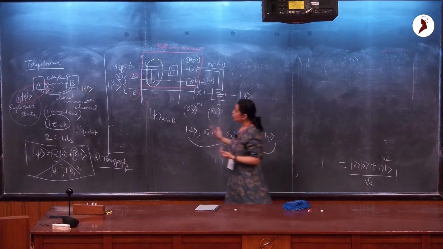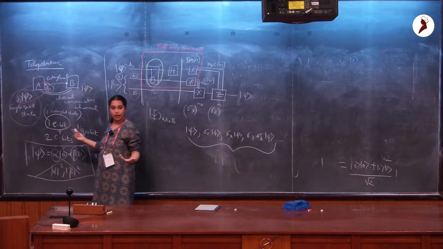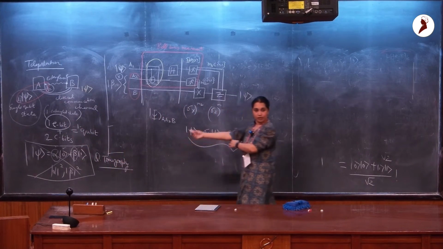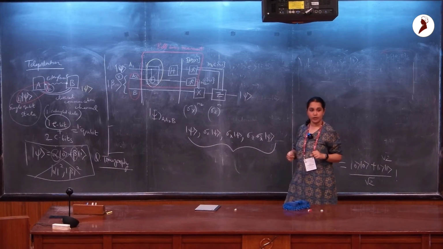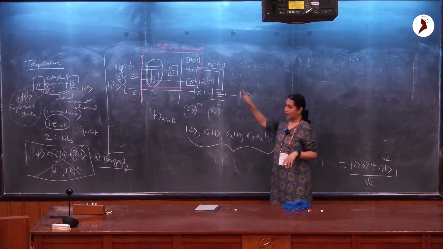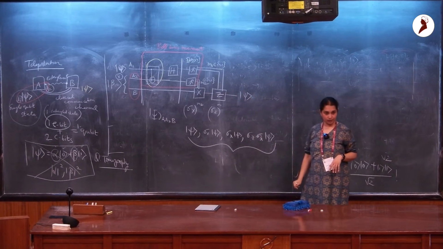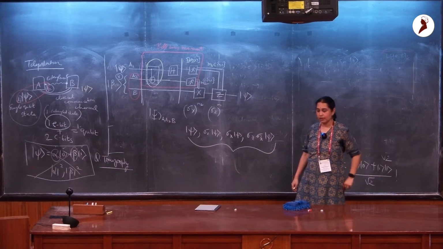So you have consumed one entangled state, which in itself should tell you that it's not a unitary transformation. You started out with one entangled state and 1 qubit, 3 qubits in total. You're finally left with only 1 qubit and 2 classical bits, right? So it is a non-unitary process.